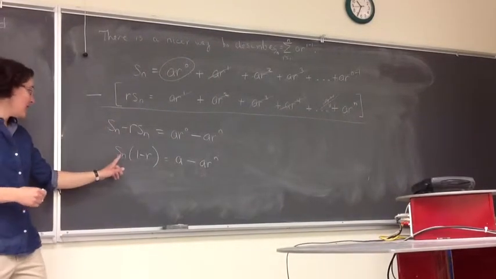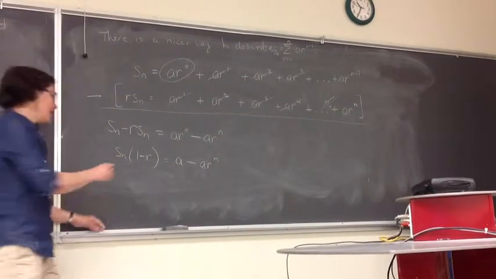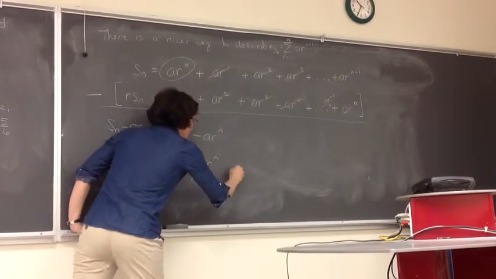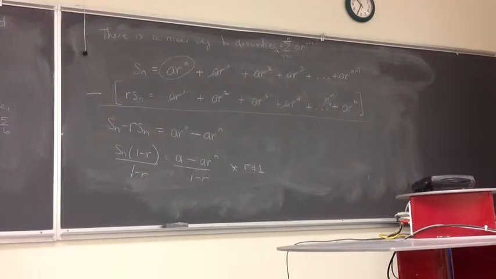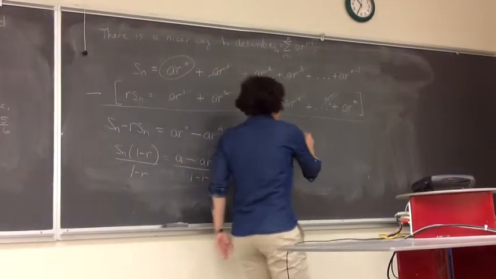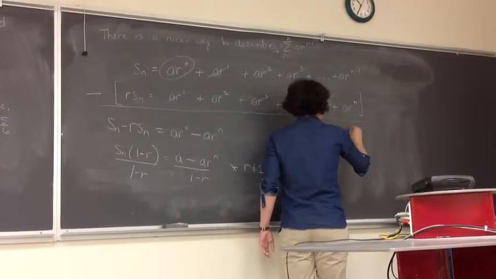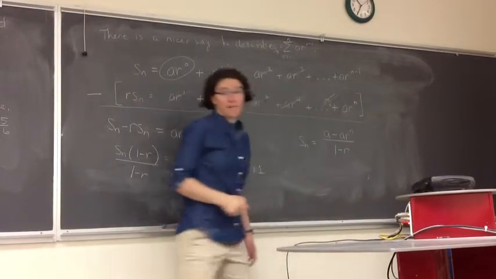And if I want to get Sn completely by itself, what do I need to do next? Divide. Yeah, I need to divide. Now, I do need to put an asterisk on this. And the asterisk is that r cannot be equal to 1, otherwise we'd be dividing by 0. And so we end up with Sn is equal to a minus AR to the n over 1 minus r.